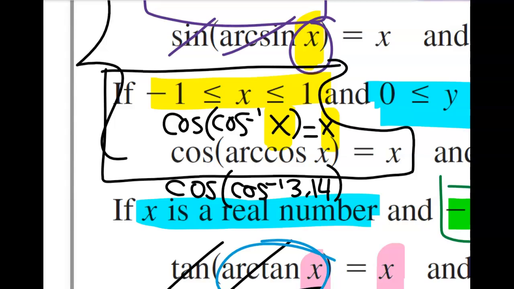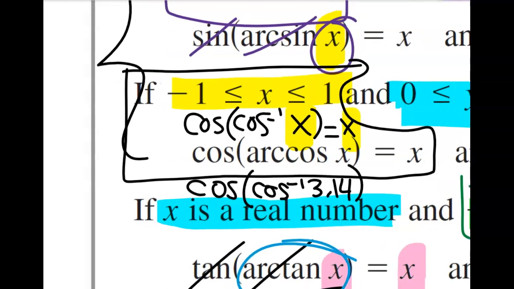And so 3.14 is greater than 1, obviously. So for this one we really cannot just cross them out, because doing this will be wrong, so don't do it, because it's greater than the number 1.